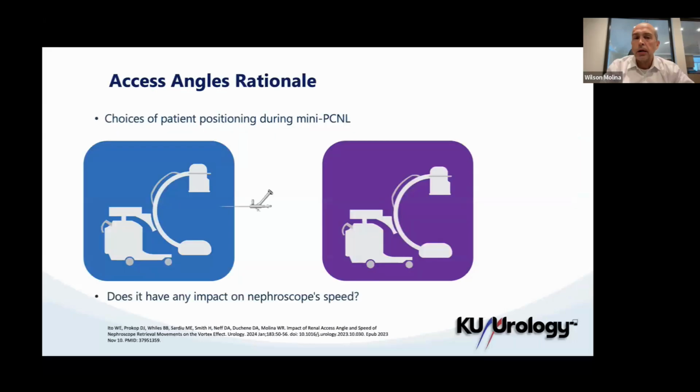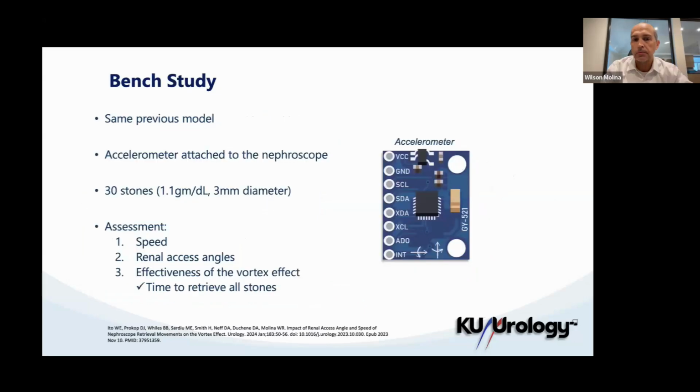So what we did then is create a model to try to understand the speed of the nephroscope and what would be the perfect speed to remove the nephroscope in order to retrieve the stones, and also study the angles. That will be important if you're doing a supine PCNL versus a prone PCNL.